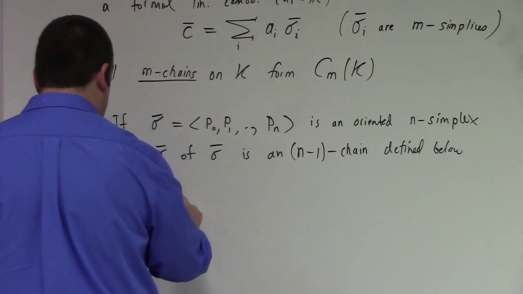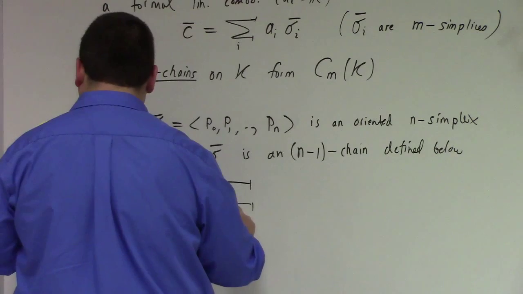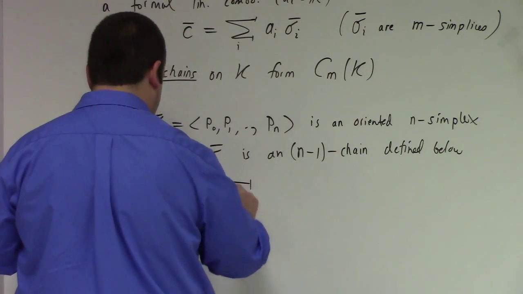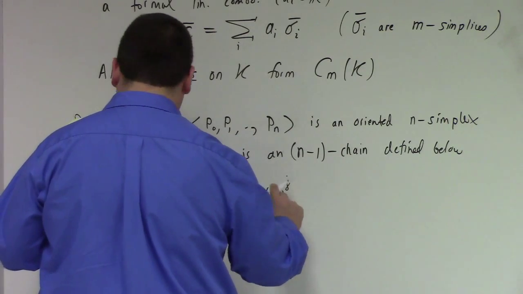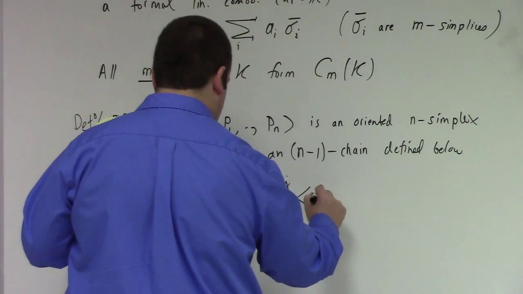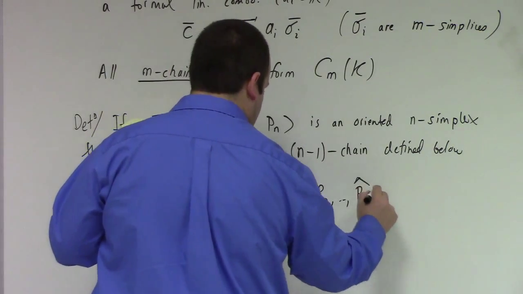So partial sigma bar is equal to a sum j equals 0 to n of minus 1 to the j power, bracket p naught through pj with a hat over it.